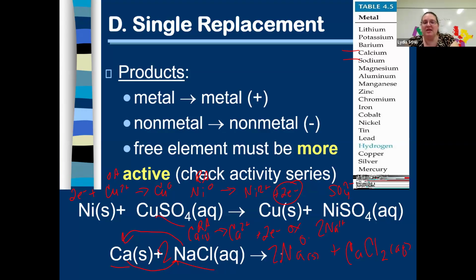And so what we're looking at here is we're going to have 2Na+ going to 2Na with a 0 charge. And so we're going to have to add the 2 electrons in order to fill in that Na with a 1+. And so this is the reduction and Na is the oxidizing agent. So hopefully this is making sense.